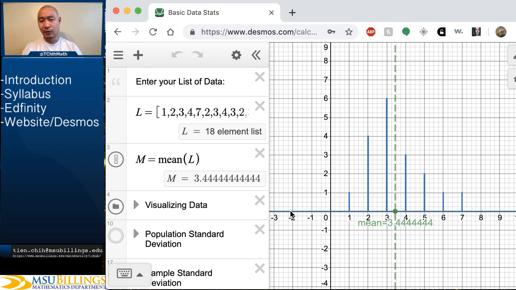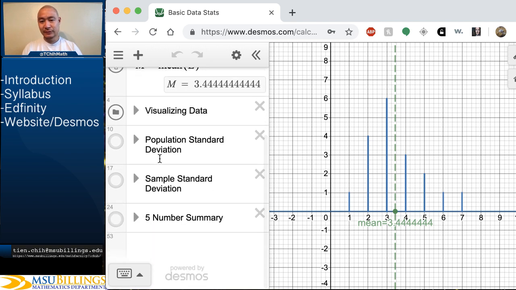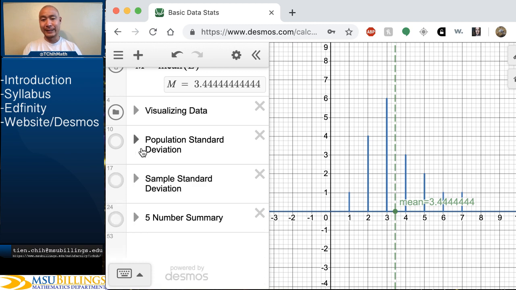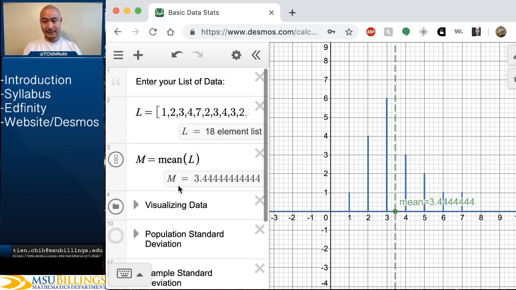And so we have two notions of standard deviation: the population standard deviation and the sample standard deviation. The population standard deviation is what we get by taking all of the data points, taking their difference from the mean.